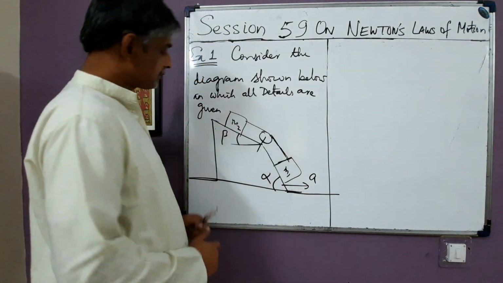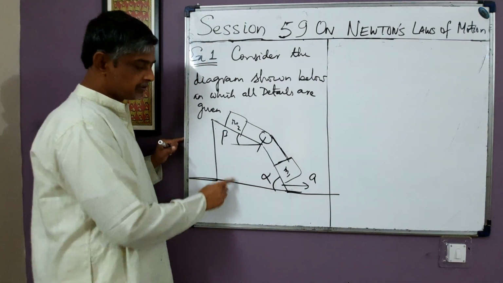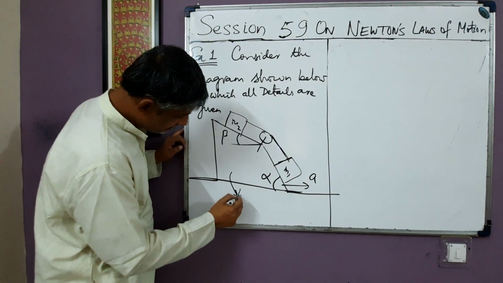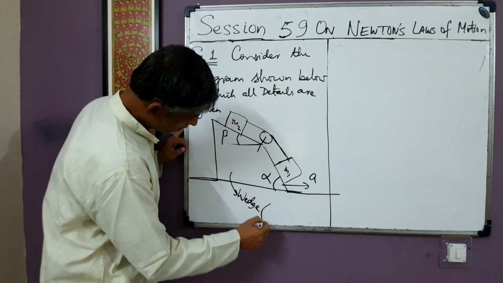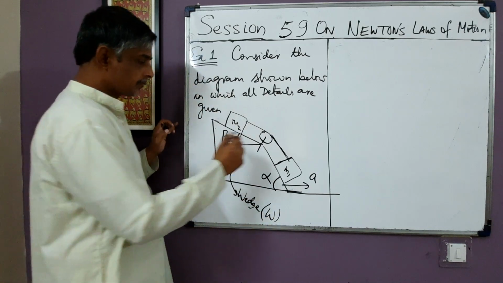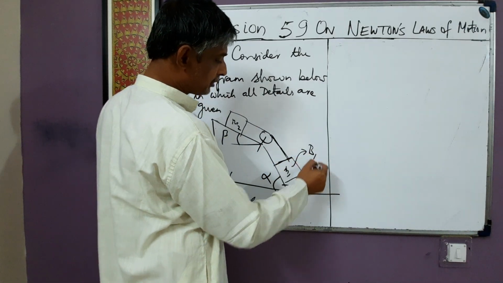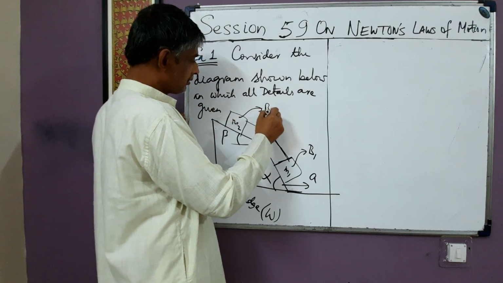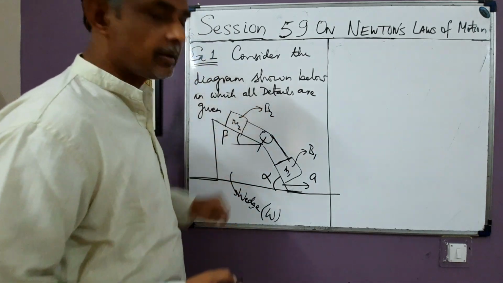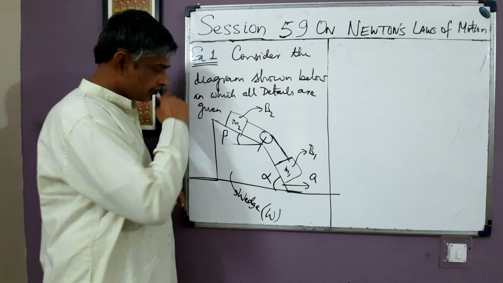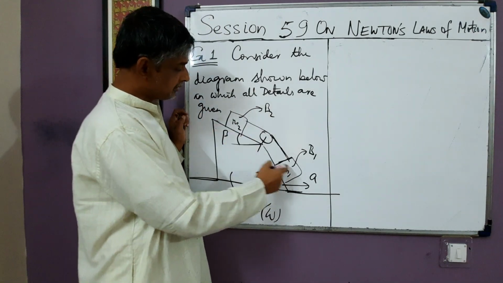First I draw the free body diagrams of these two blocks with respect to the wedge. This is the wedge, which is denoted by W. This is a block of mass M1 denoted by B1. This is a block of mass M2 which is denoted by B2.